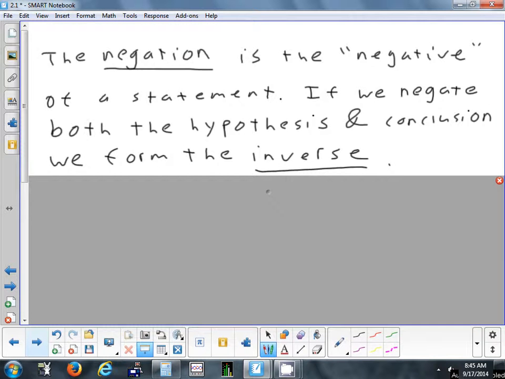Okay, so another type of statement we can get is called the inverse. The way we get the inverse of a statement is we find the negation of the hypothesis and the conclusion. A negation is just when you put the word not in.